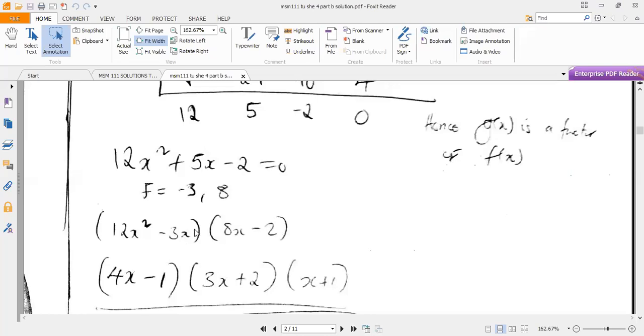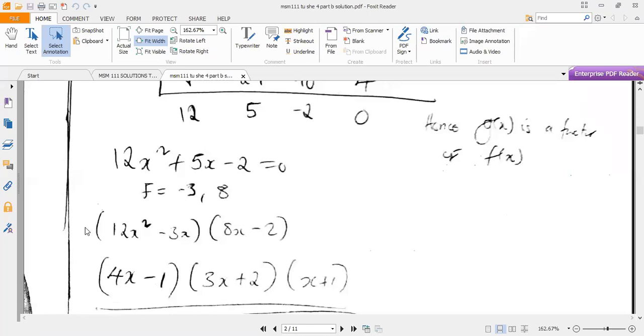So here, we're able to see, okay, what's common in these two here? You know that 3x is common, right? So you remain with 4x minus 1, isn't it? When you factor out the 3x here, you remain with 4x minus 1. And then here, when you factor out the 2, you remain with 4x minus 1 as well. So we know that 4x minus 1 is one of the factors.